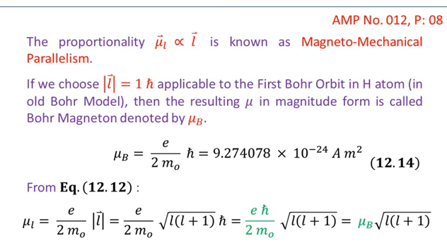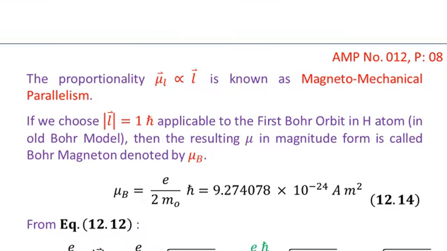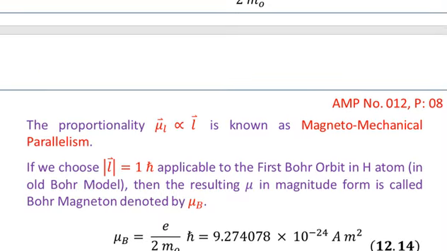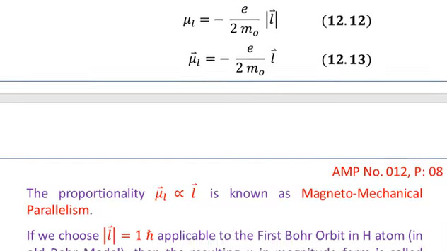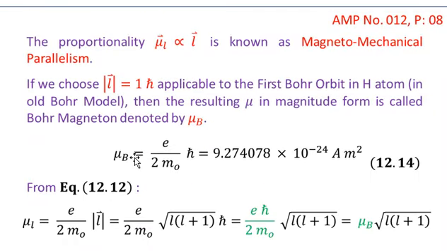So if you choose this value equal to 1 h bar, in equation number 12 you can put this minimum value of the orbital angular momentum. What will happen? We give it a different name, which is called mu B, the Bohr magneton.